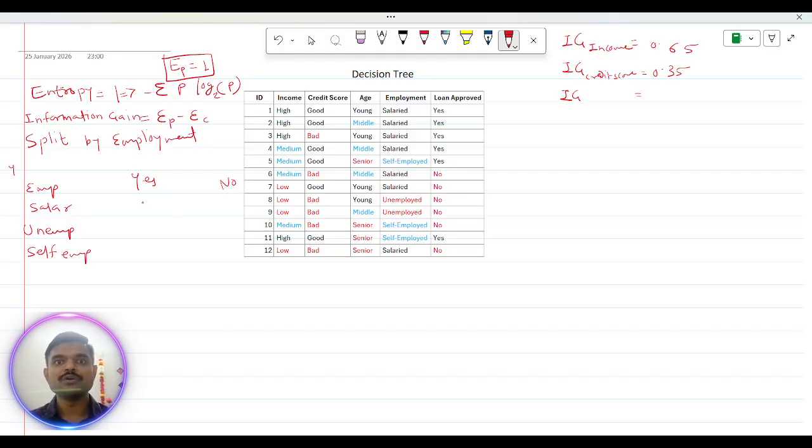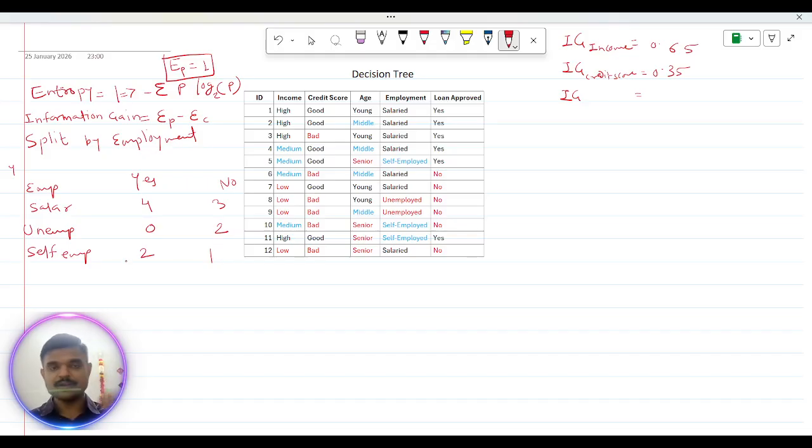Now salaried, how many yes are there? One, two, three, four. Four yes are there, and three no's are there. Here for unemployed, there are two unemployed, and in that two unemployed, both are no. And in self-employed, one, two, three rows are there, two yes and one no, right?